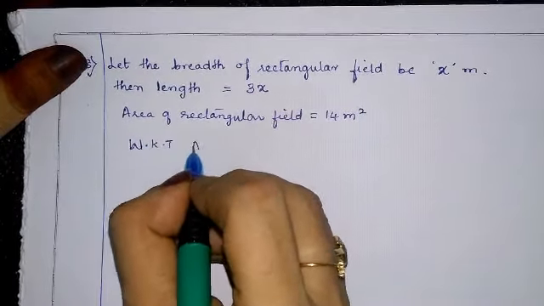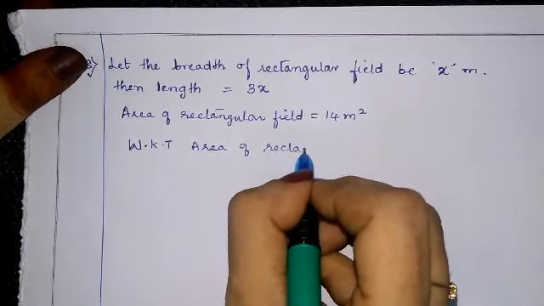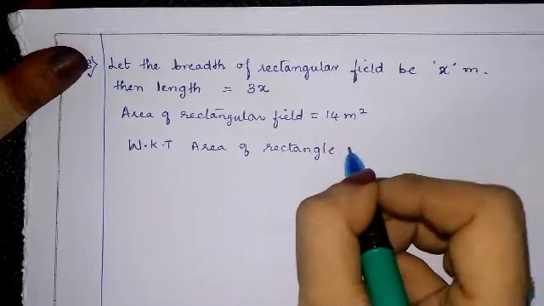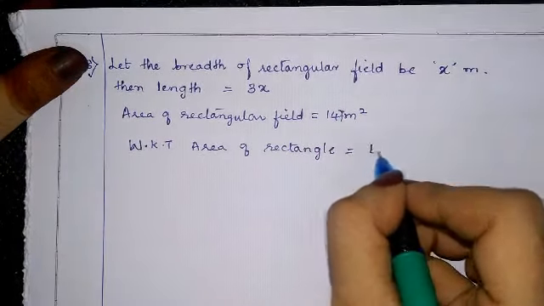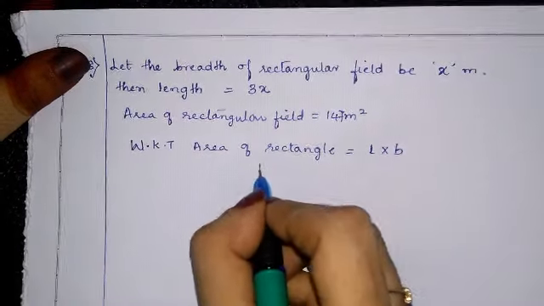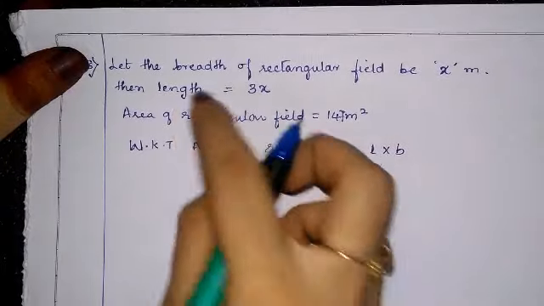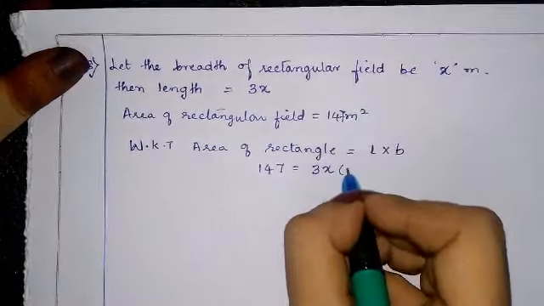the formula for area of a rectangle is length into breadth. Area of rectangle is given as 147, length 3x into breadth x.